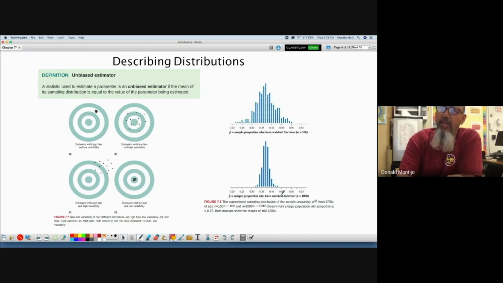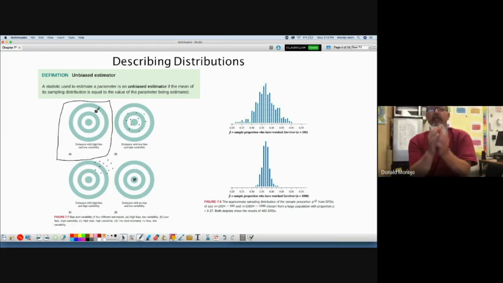So, if you look at diagram A here, we've shot a bunch of arrows and they were all grouped together right here. So there was very little variability because remember, variability is describing spread. How spread out were our shots? They weren't spread out at all. So we would say that this has very low variability because they're all right in the same area.